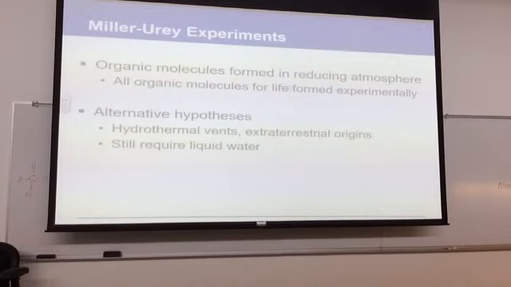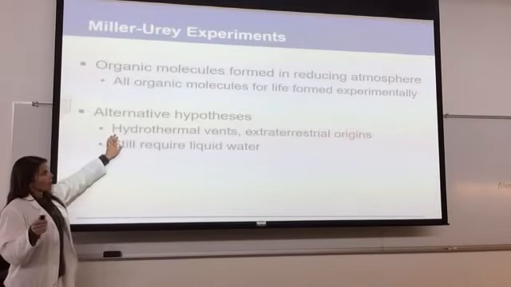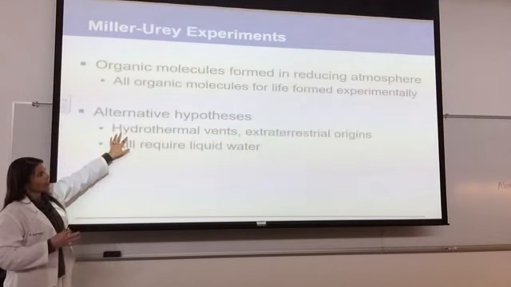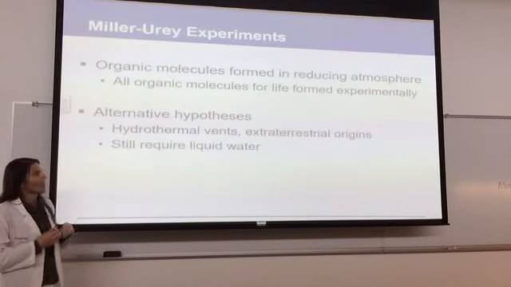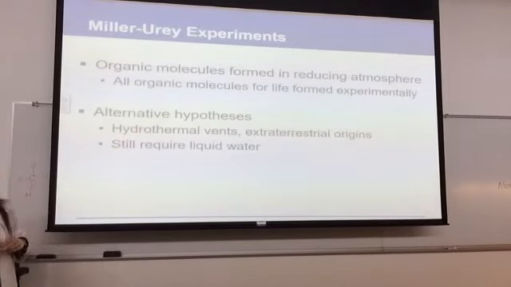That's their experiment. Alternative hypothesis. We just showed the Miller-Urey experiment, but what are hydrothermal vents? Where are they located? Underground, specifically in the ocean. These are the volcanoes located at the base of the ocean floor. When those volcanoes erupt, the temperatures are really, really hot.